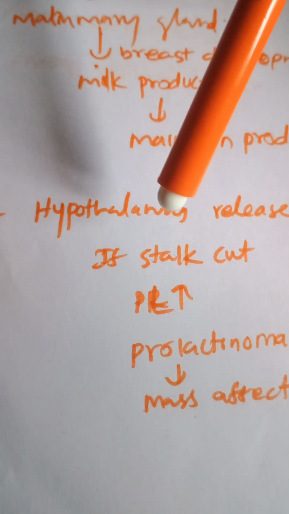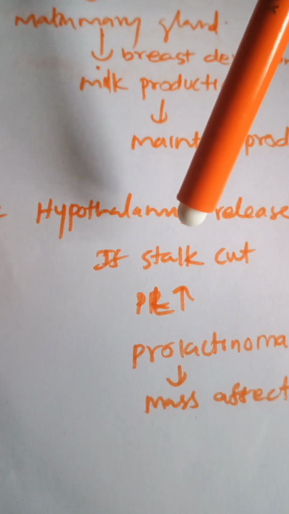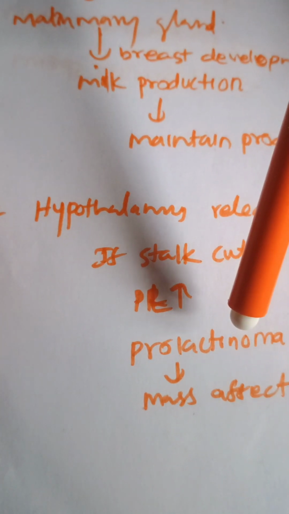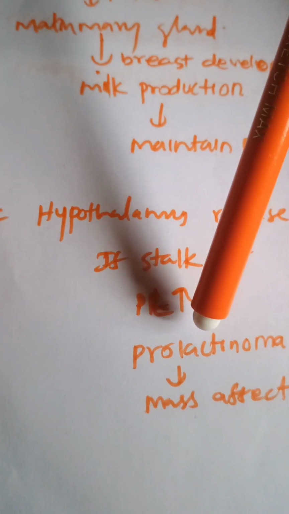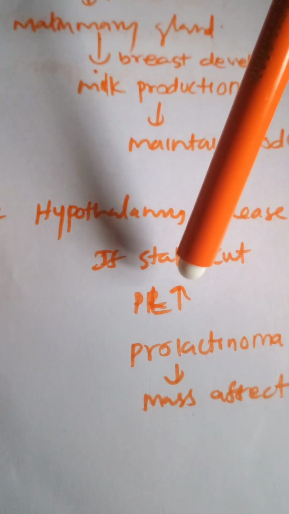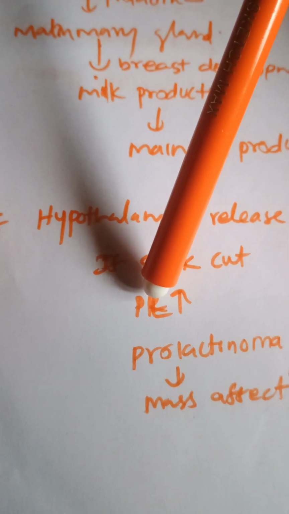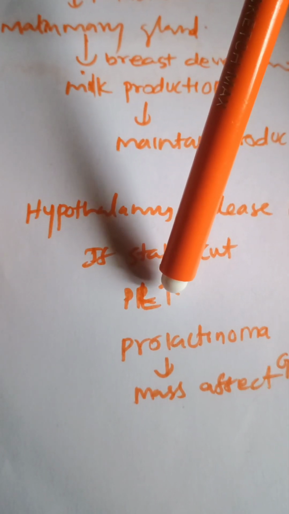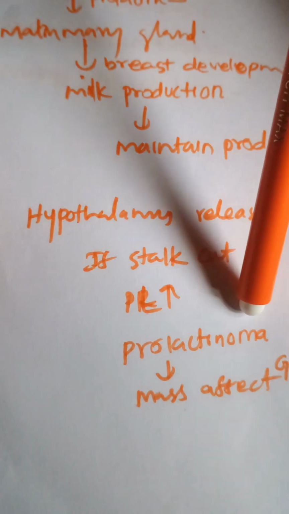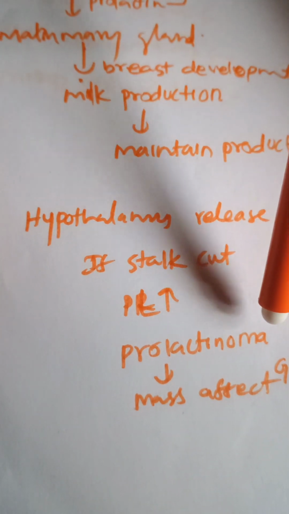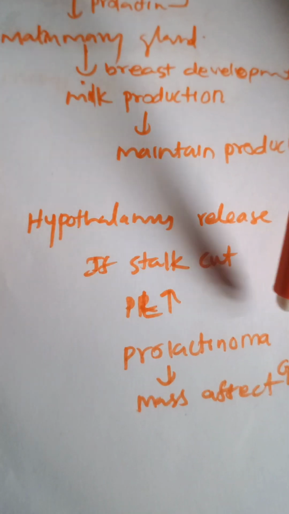So dopamine does not act on the anterior pituitary D2 receptor, so prolactin content increases. If the prolactin content is increased, there is infertility, amenorrhea, and that kind of adverse effects.